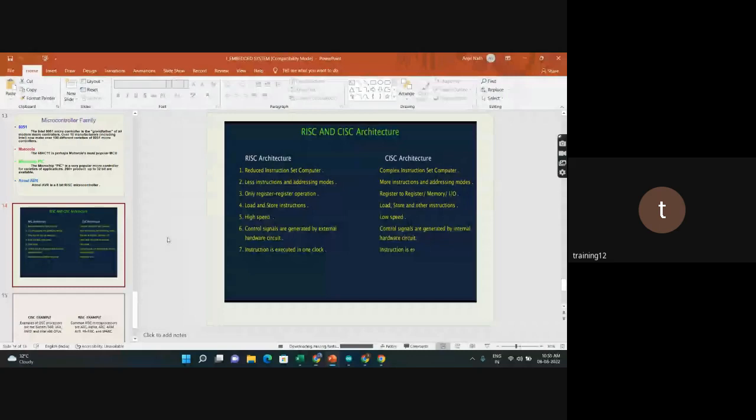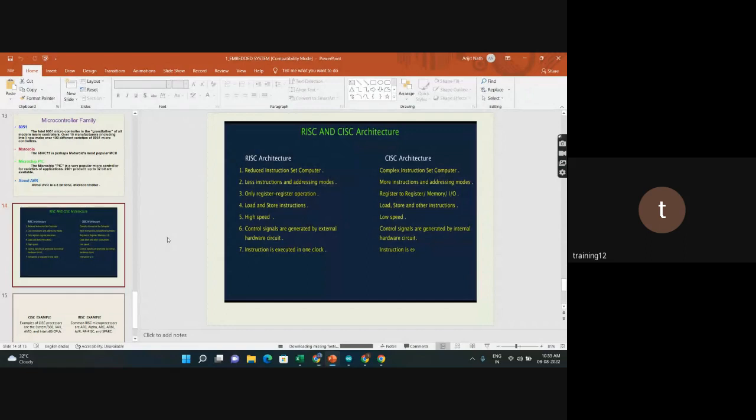It performs millions of instructions per second. MIPS means millions of instructions per second. Next is the complex instruction set computer, or CISC. The CISC stands for complex instruction set computer.